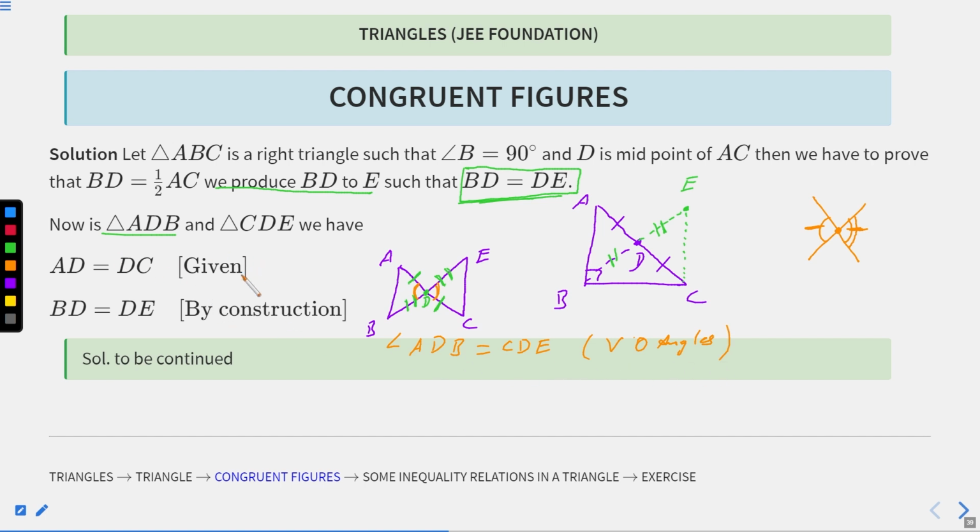So we have AD equal to DC, BD equal to DE, and angle ADB equal to angle CDE because vertical opposite angles are equal.